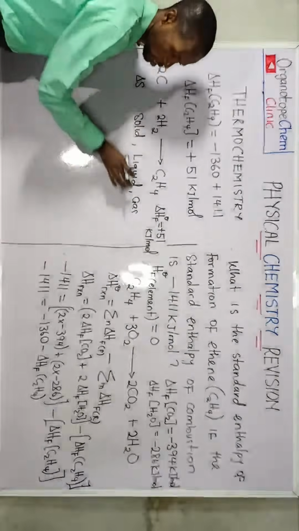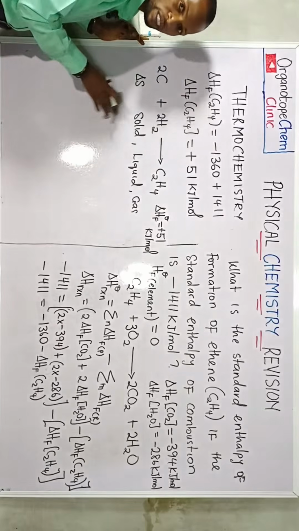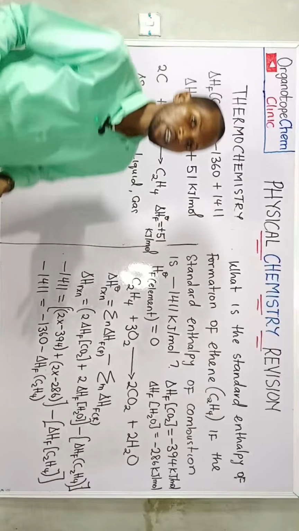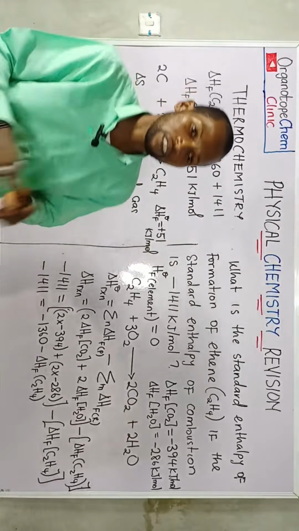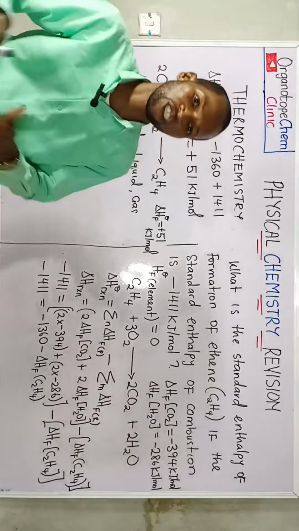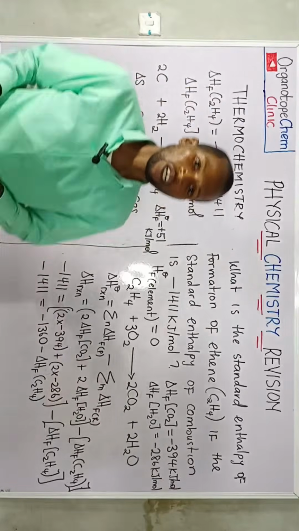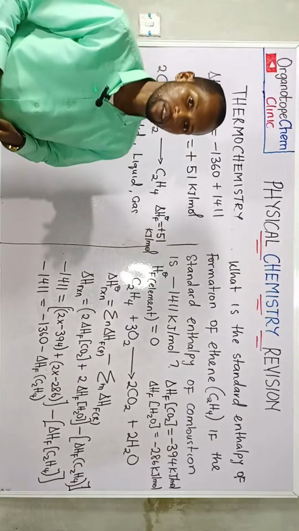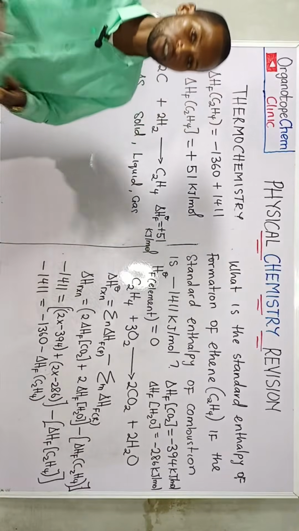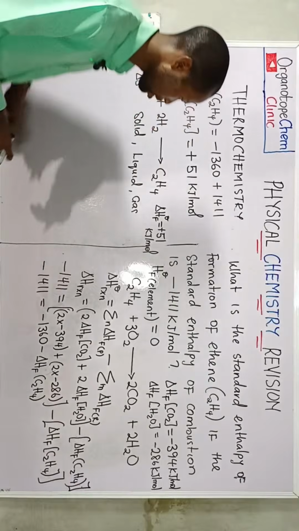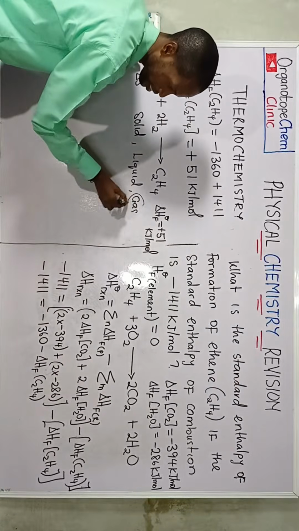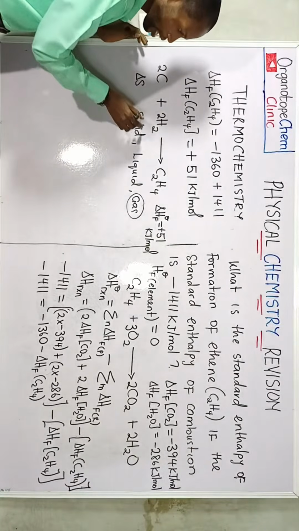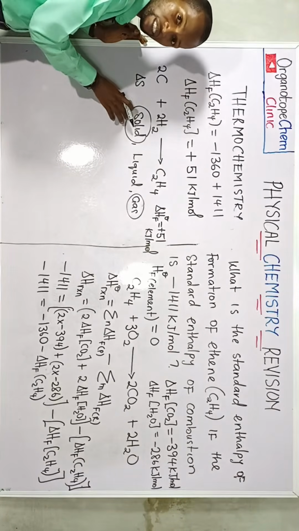When we move from solid to gas, we say there's an increase in entropy. What is entropy? Entropy is the measure of the degree of randomness or disorderliness of a system. So disorderliness is highest in gas, and it is least in solid.